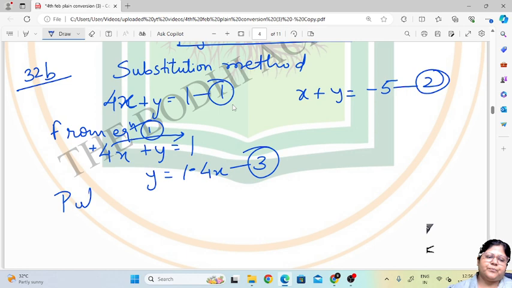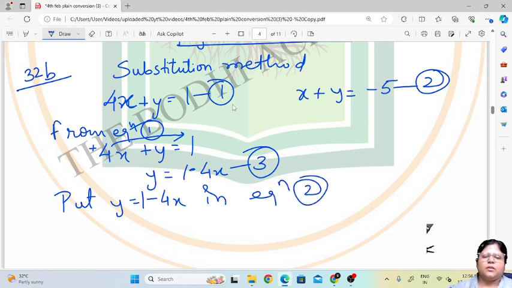Put y equals 1 minus 4x in equation 2. So we will keep the y value from equation 1 in equation number 2. So x plus 1 minus 4x equals negative 5.